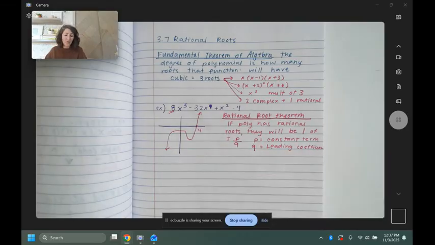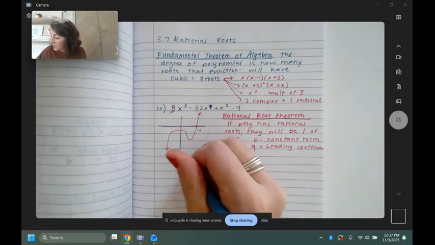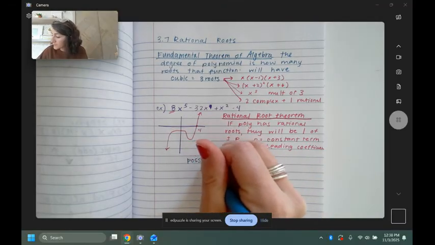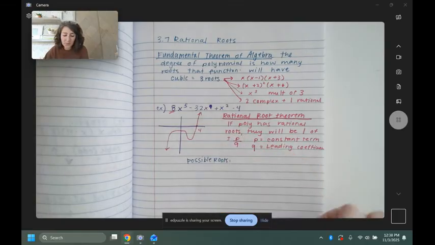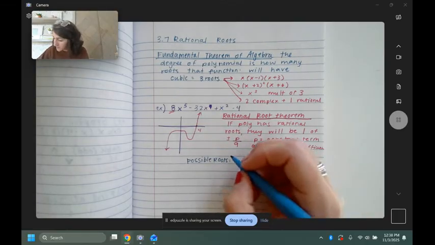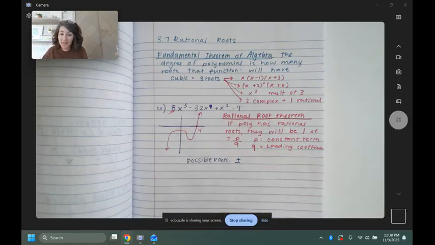Okay, so for example, if I were to look at all of the possible rational roots to this particular function, you could have plus or minus. Either of these can be plus or minus.